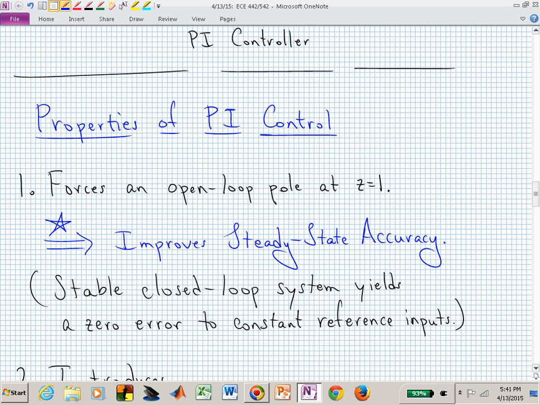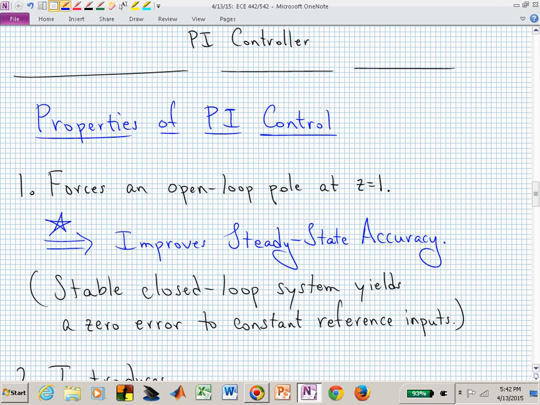What does that give us? It gives us a couple of things. One is it forces that pole at Z equal 1 in the open loop transfer function. In the product, in the cascade combination of the controller, C of Z, and the plant, G of Z, it forces an open loop pole at Z equal 1.